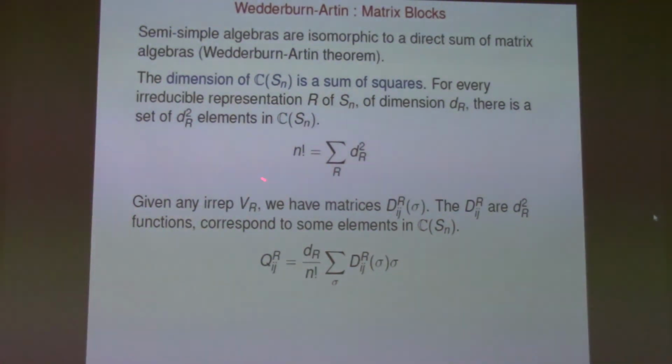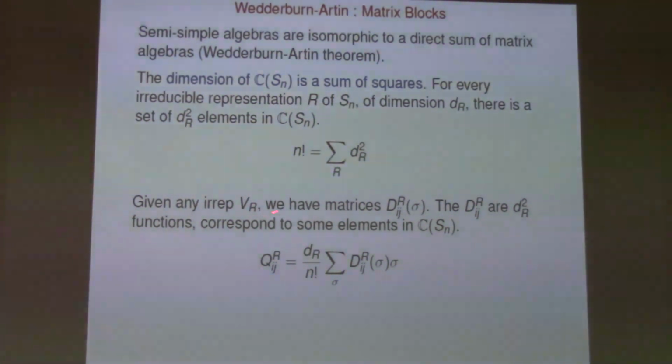And that kind of number-theoretic fact has an implication. It says that this group algebra is actually a direct sum of matrix algebras. So for every one of these irreducible representations, there is a matrix that you can build. How do you build this matrix?